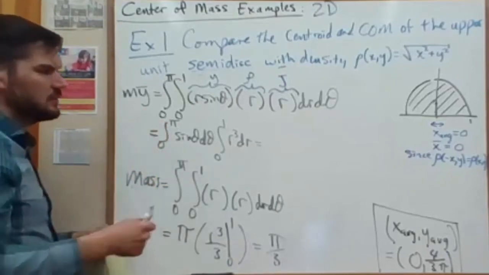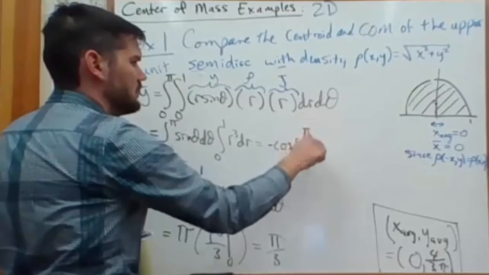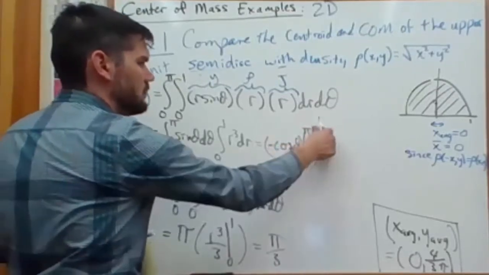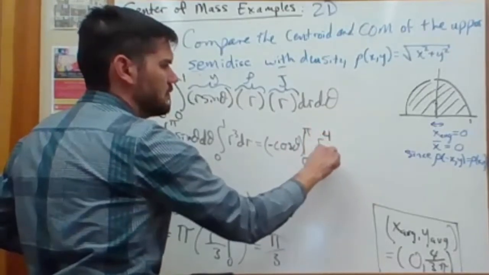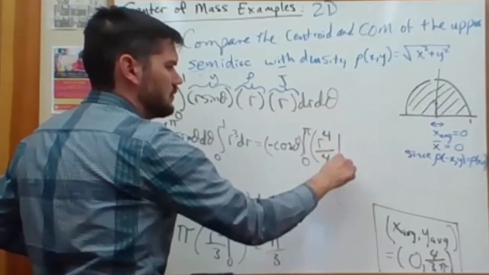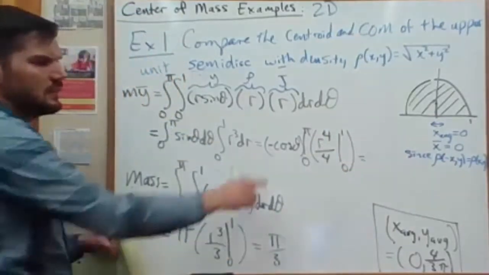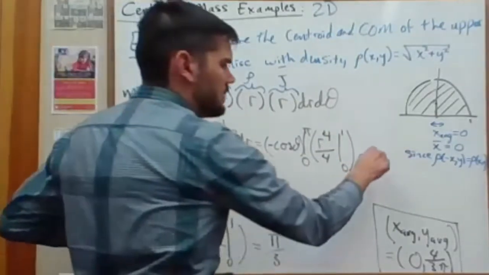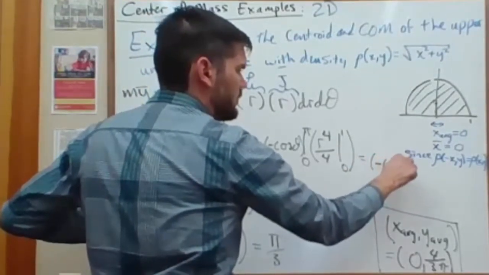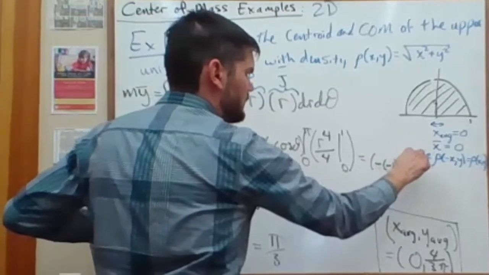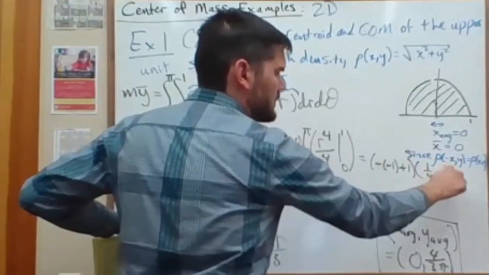Similar integrals. This will give us minus negative 1 plus 1. That's 2, times 1/4 minus 0.